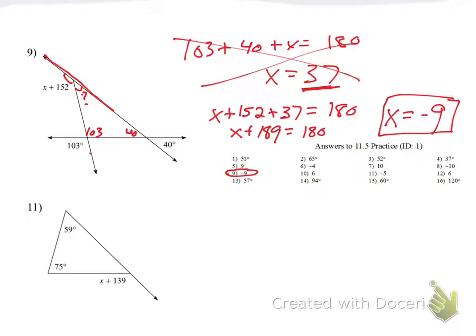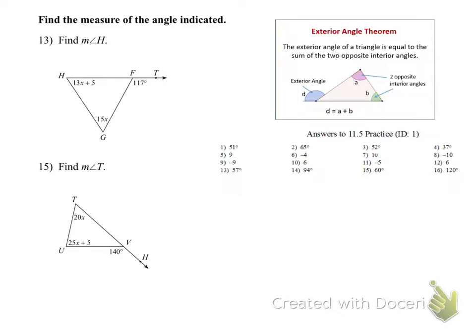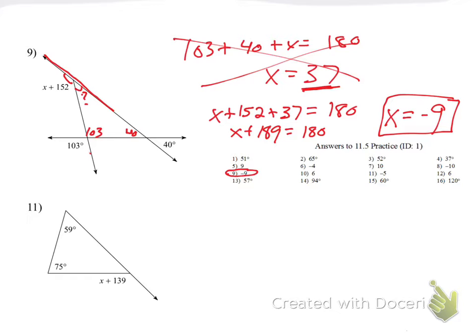All right, 11. 11 is where we get into the exterior angle theorem. These two angles right here, if you add them up, they're going to equal the outside angle right here. So I have an exterior, and that's going to equal this one right here.